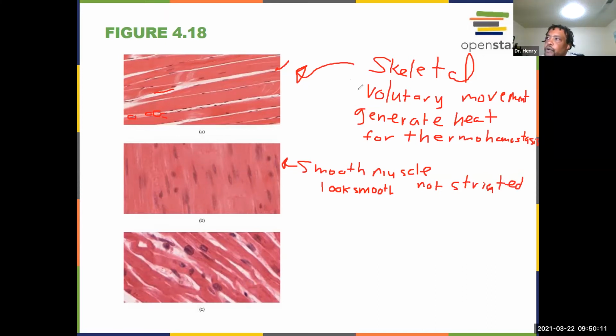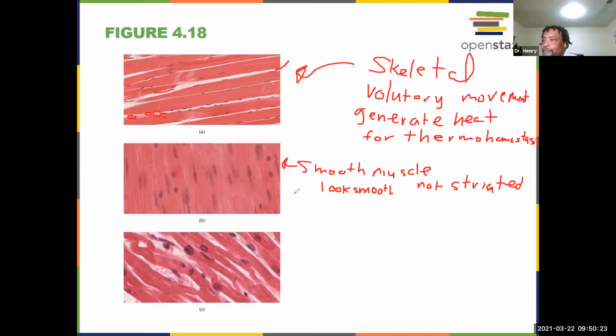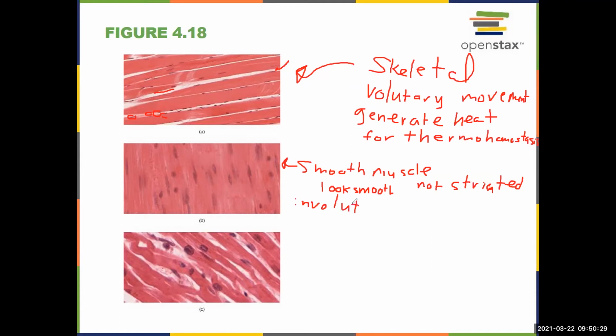So if this guy was for voluntary movement, what do you think smooth muscle must be for? The book says involuntary. It says involuntary movements and the internal organs.